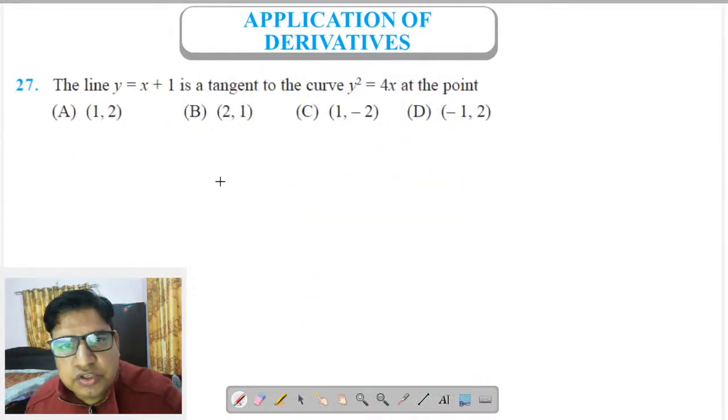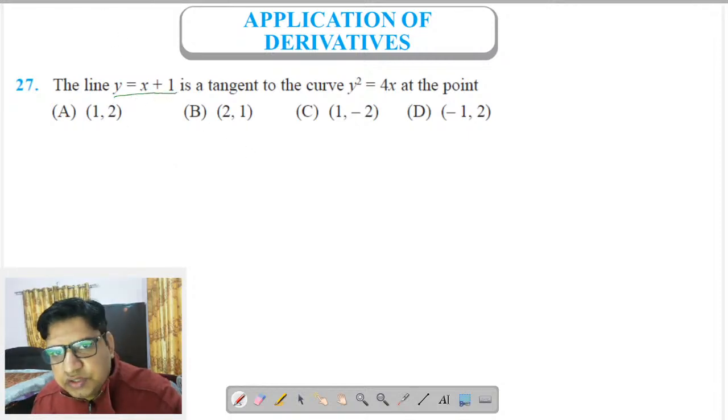So here we have one more question of a similar type. The line y is equal to x plus 1 is a tangent to the curve at the point. Okay, so we need to find the point here. Tangent to the curve is given to us.